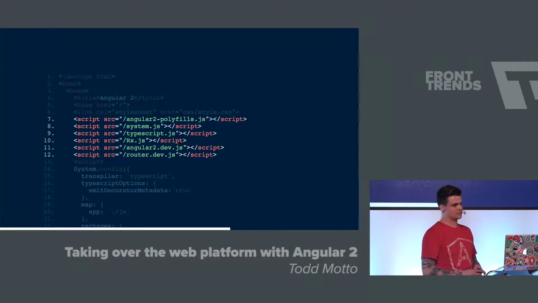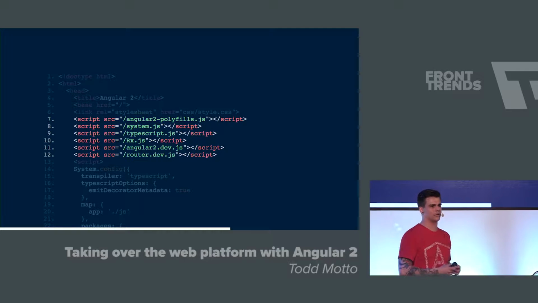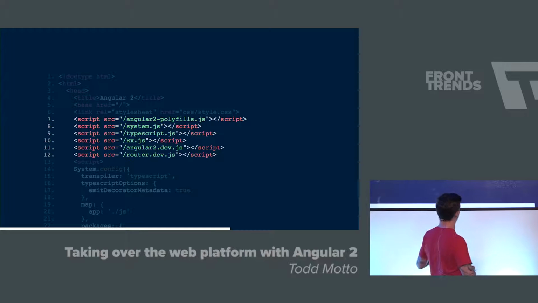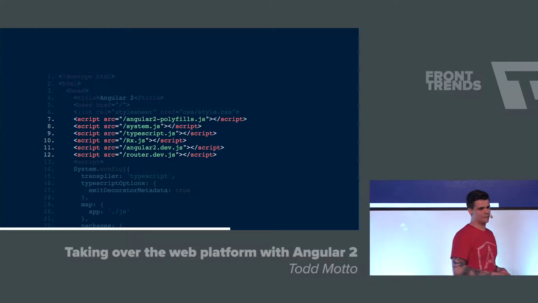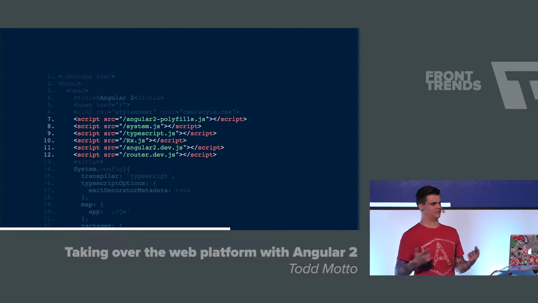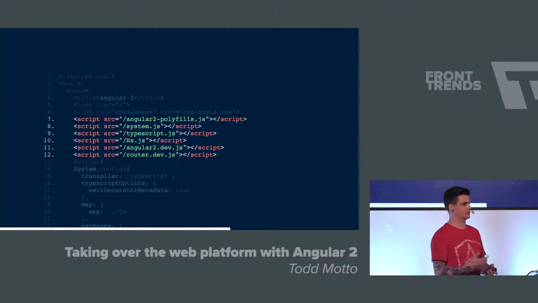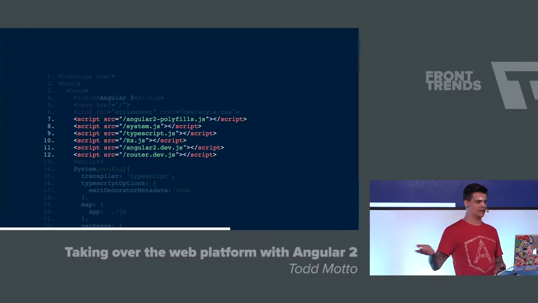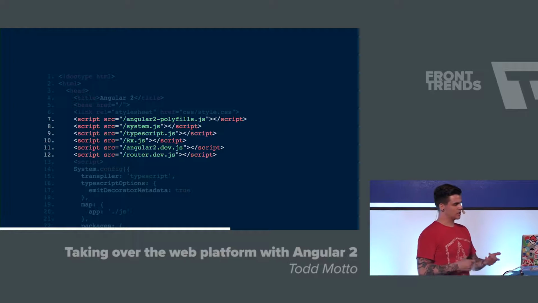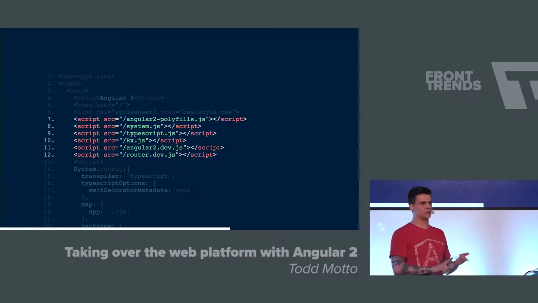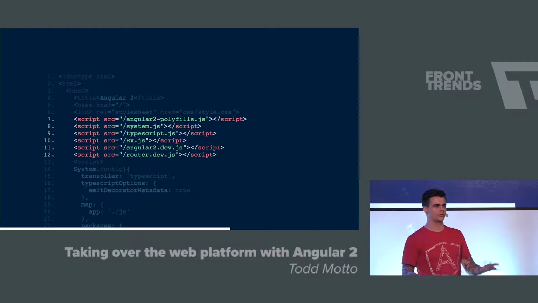The next thing we need to do might look horrible for now: we've got Angular 2 polyfills, system.js. What is system? I know when I started looking at Angular 2, I was like, what are all these things? Why can't I just include Angular2.js and be happy? Then we're going to include TypeScript.js. Now, you wouldn't do this in production, but you can do it in development.